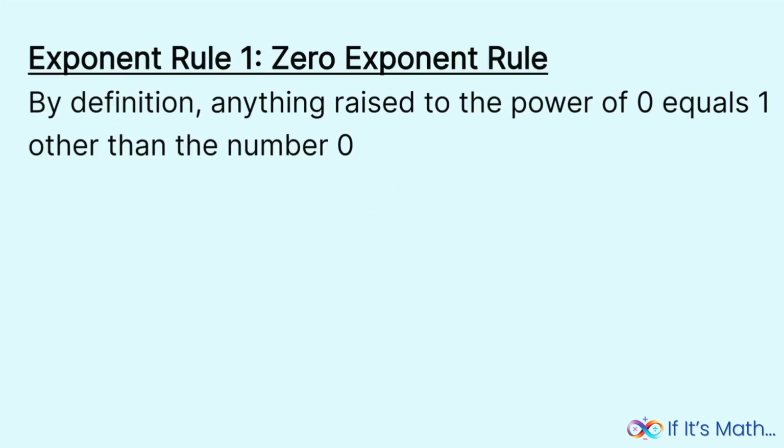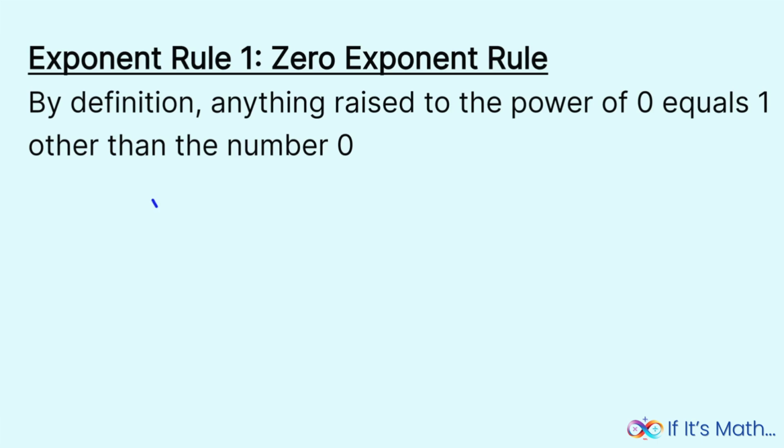Okay, so let's jump right in because we've got a lot of rules to cover. Up until now, we've talked about positive exponents and negative exponents, but not about what to do if the exponent is 0. That's because it's not really clear, so there had to be a rule defined for what we all agree this represents.